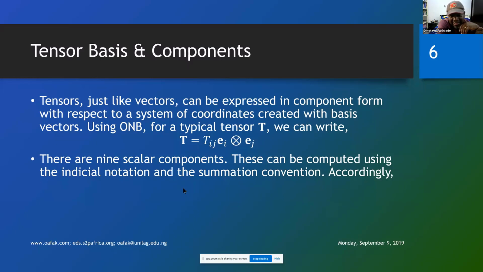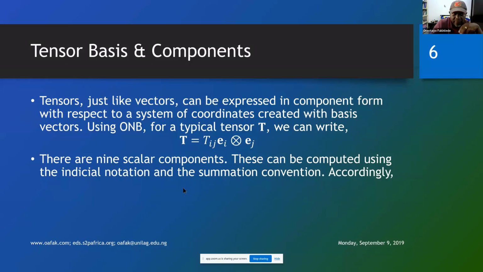Dyad. Ei dyad Ej is what you know as a dyad. There are 9 scalar components. I hope that is obvious.